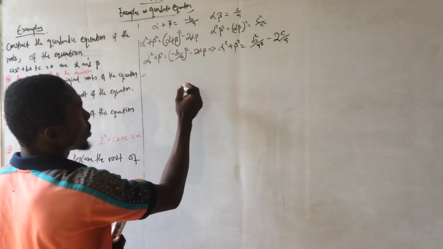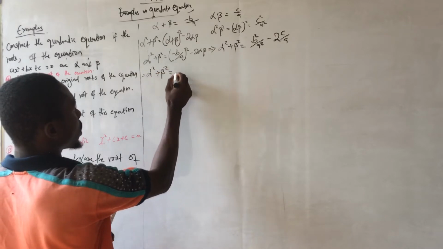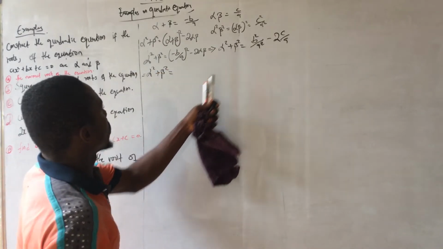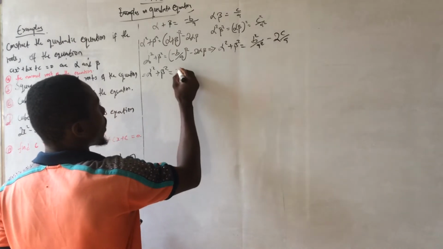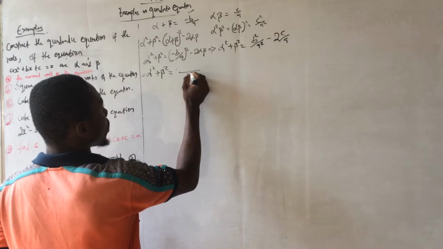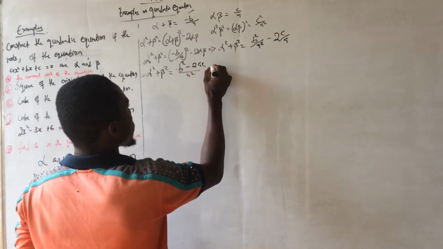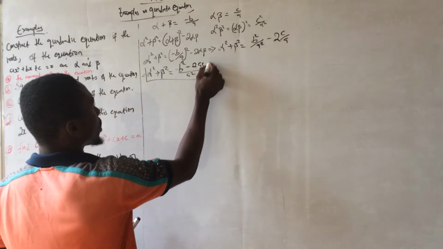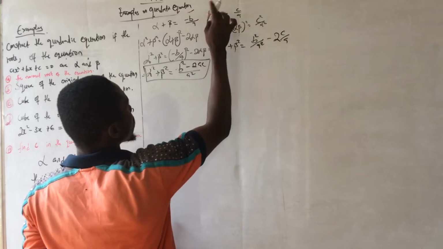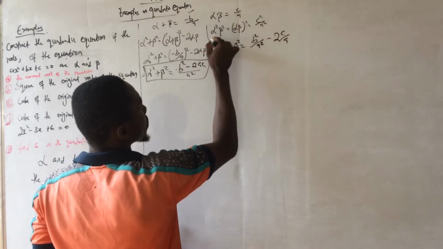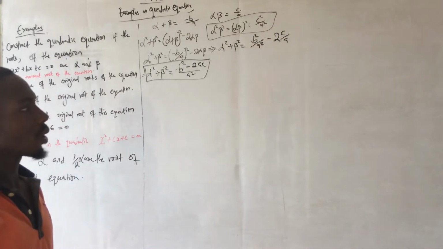So the next thing we are going to do now is say alpha squared plus beta squared is now equal to, the LCM of these two is a squared, which is b squared minus 2ac over a squared. So now we can form our quadratic equation.